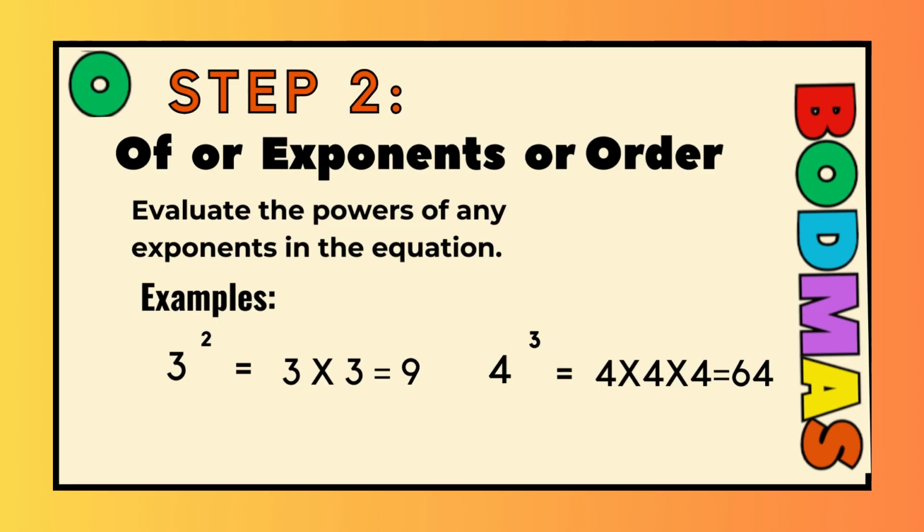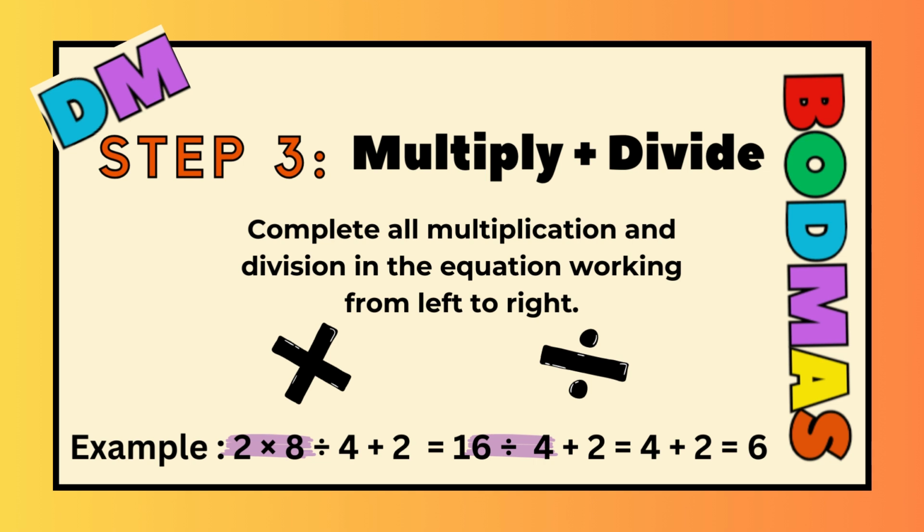After simplifying brackets, we will simplify of, which means multiplication. We will also simplify exponents or square roots in the second step. In the third step, we will complete multiplication and division. Multiplication and division get the same priority, so in the mathematical expression we go from left to right, whichever comes first.